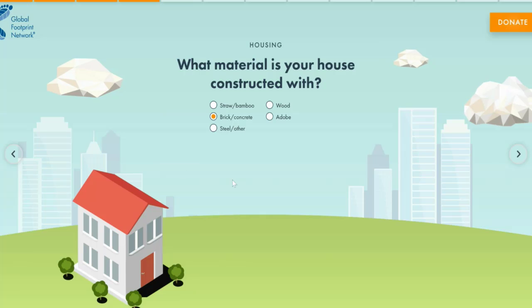This calculator also asks us about the materials that our house is constructed with. So this also looks at the production, possibly the harvesting, depending on what material you're looking at. So obviously you go about harvesting wood, straw, and bamboo. And then we also have to look at the manufacturing for a number of these materials.